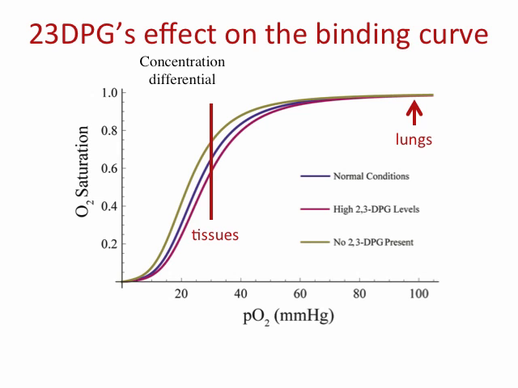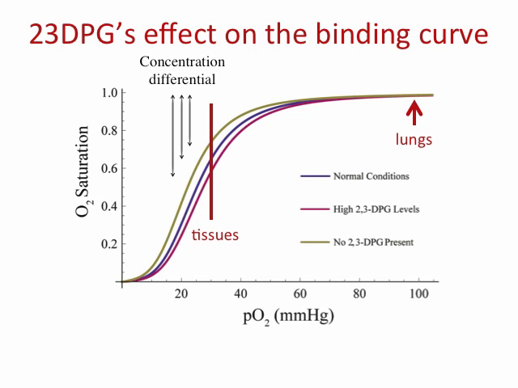Therefore, the difference in saturation of hemoglobin with oxygen between the lungs and the tissues gives the amount of oxygen that is released from hemoglobin as it travels through tissues.